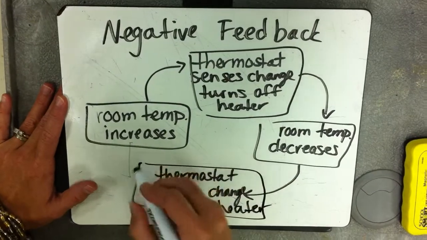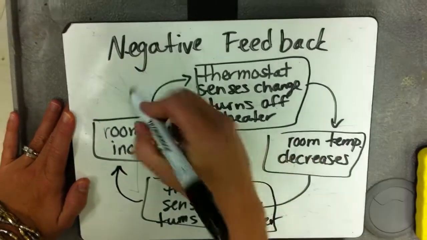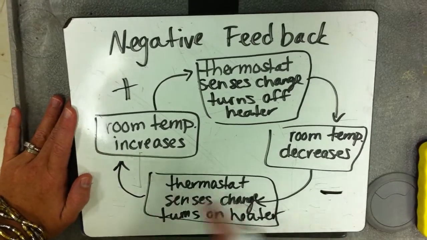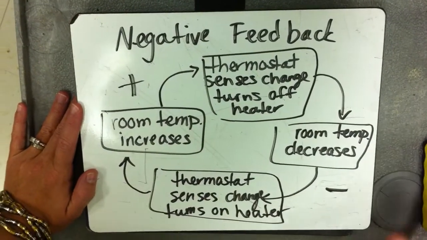And when we turn on the heater, that causes the room temperature to increase. So here we have an increase in temperature. Here we have a decrease in temperature. So we're not changing in the same direction. This is called negative feedback.